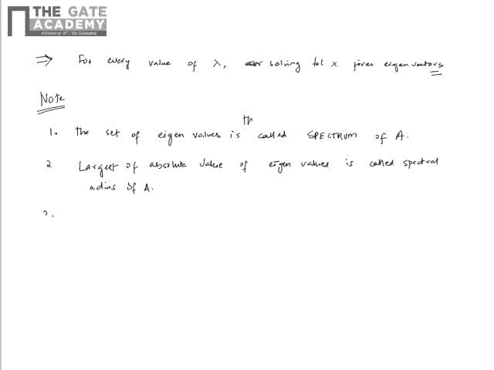Multiplying the eigenvector by a scalar, or multiplying the matrix A, gives the same result. That's the point. And for a given eigenvalue there can be different eigenvectors.